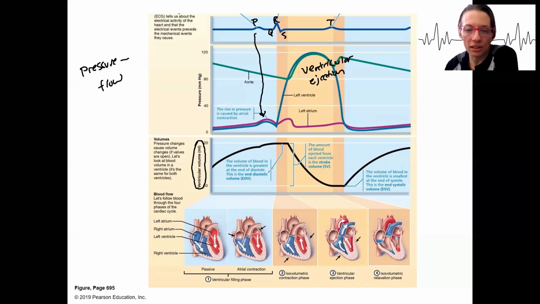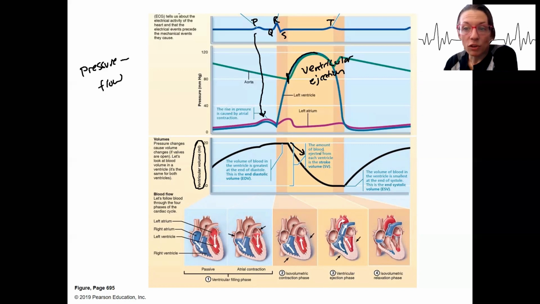Do note here that the increase in pressure continues beyond when the blood flow starts exiting. There's a delay in the consequence of blood flow on pressure. So this is a dramatic increase in pressure that's going to cause ventricular ejection. Pressure blips over a bit, even though blood flow has already begun going out. So just note that to help it make sense.